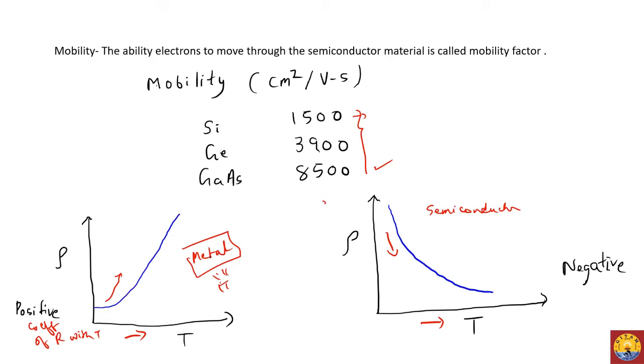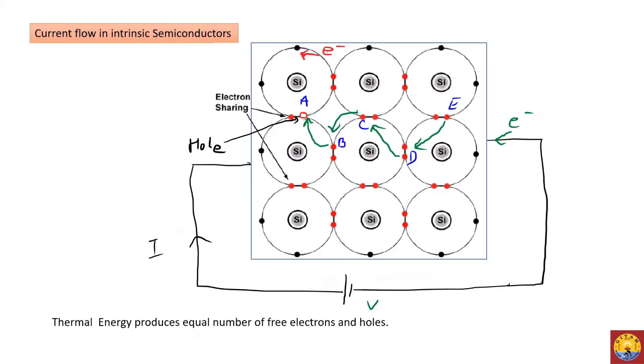As you increase the temperature, there are more collisions, and automatically the resistivity increases. In semiconductors, the resistivity decreases because we have more free electrons, which decrease the resistivity. This should be very clear, because in interviews they ask simple questions like why semiconductors have a positive or negative coefficient and why it is so. So you should know these things.